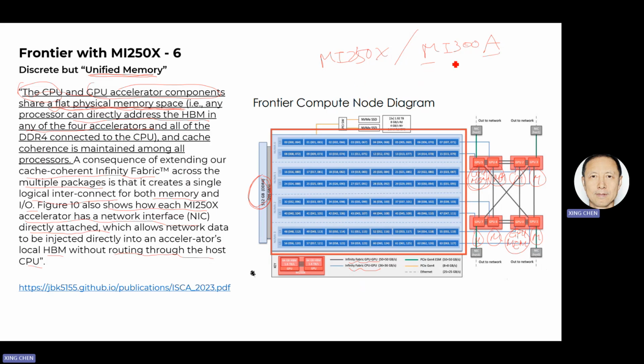Here you have unified memory which is physically unified. And here, what you have is also unified memory. It's not physically unified, but it's logically unified. So this is the common point for these two systems.